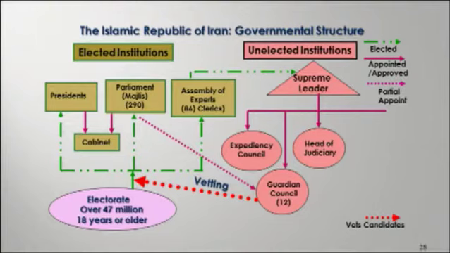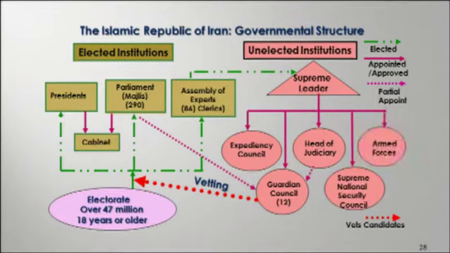And we also talked about the Supreme National Security Council that is also under the leader. And of course, the armed forces are under the leader.